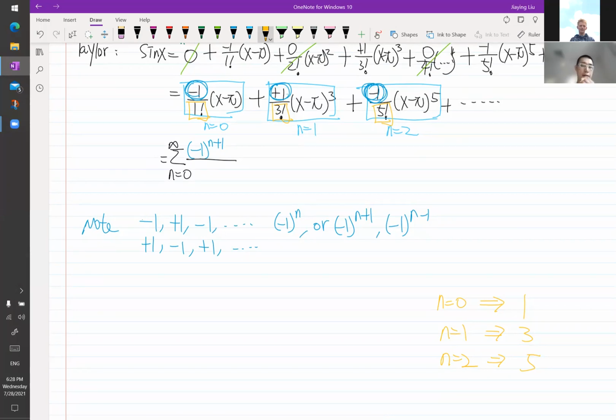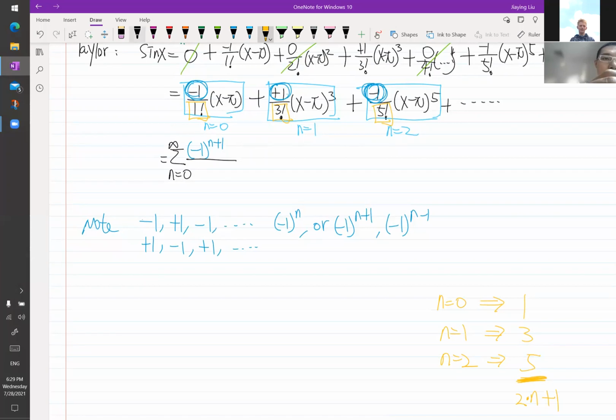Right. So I think you can all see the pattern, right? It's 2n plus 1 exactly. So the relationship is that the number in the factorial is always going to be 2 times the number n plus 1. So 5 is 2 times 2 plus 1, 3 is 2 times 1 plus 1, right? So 2n plus 1 relates n to the number in the factorial.